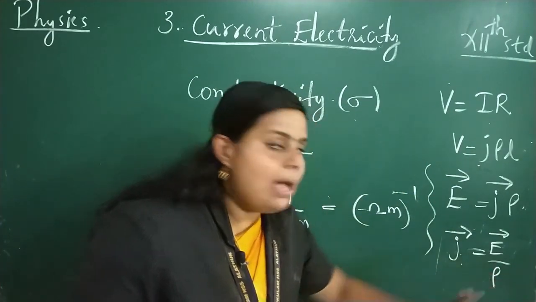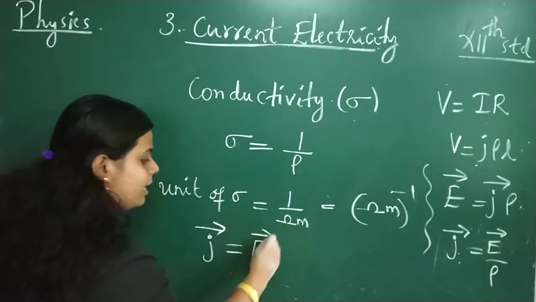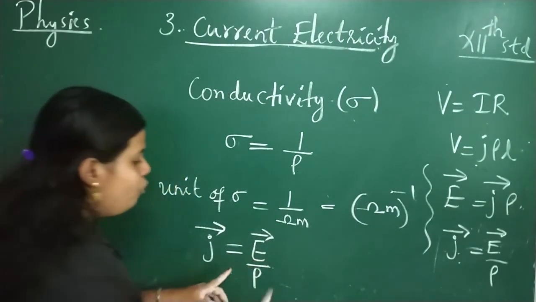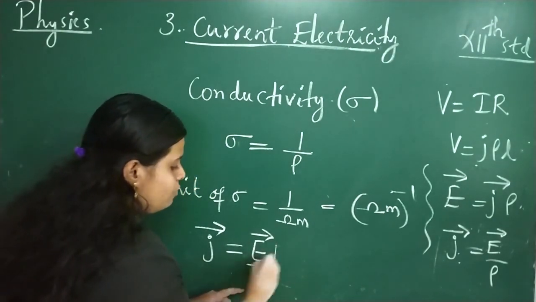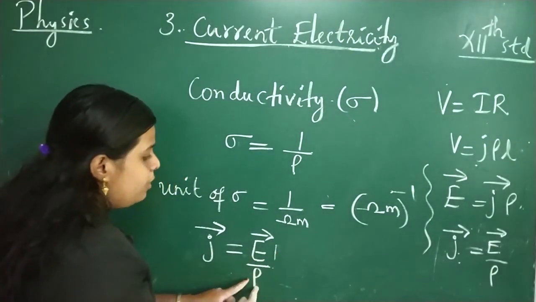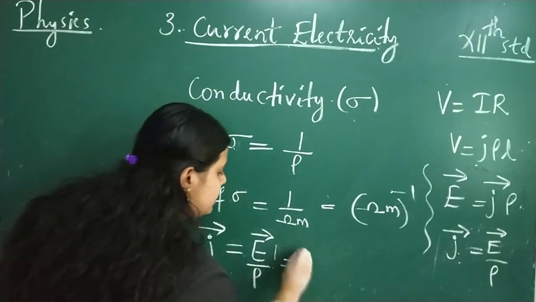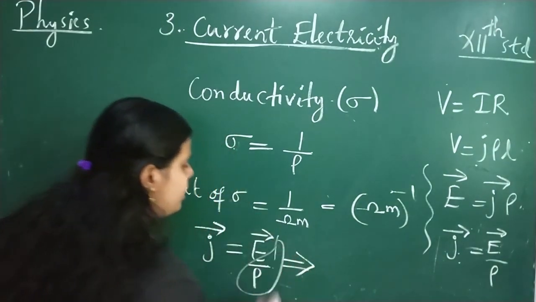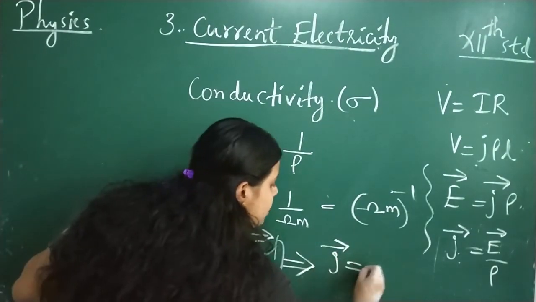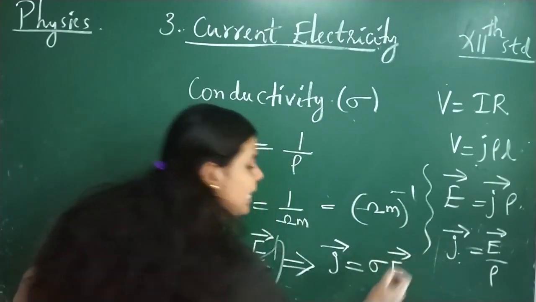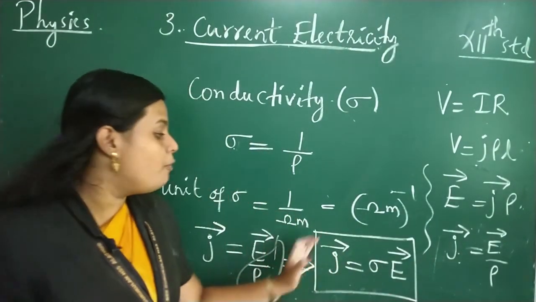And what is 1 by rho? 1 by rho is actually sigma. So from this we can write the current density J is equal to sigma into E. So this is the equivalent form of Ohm's law.